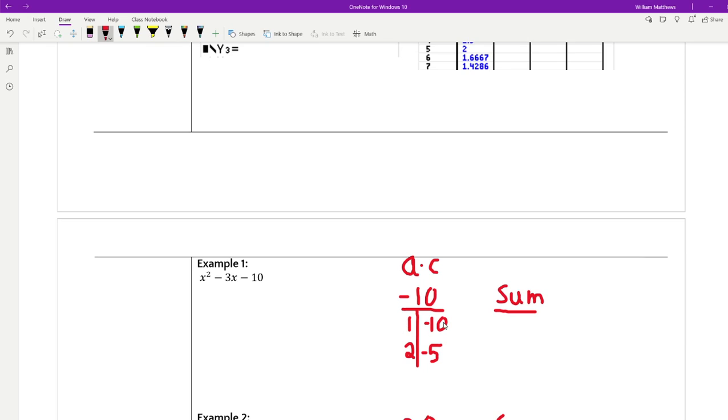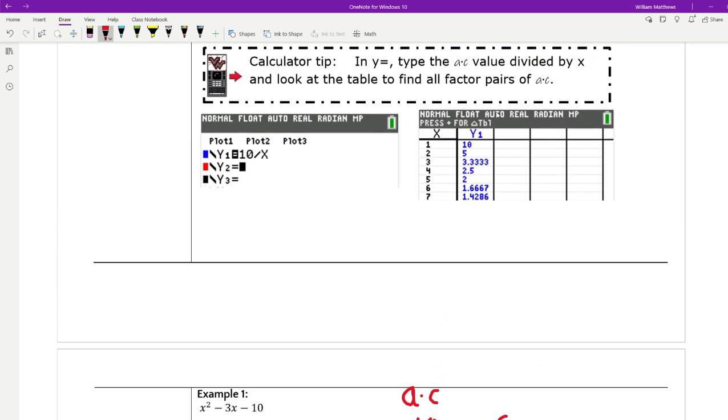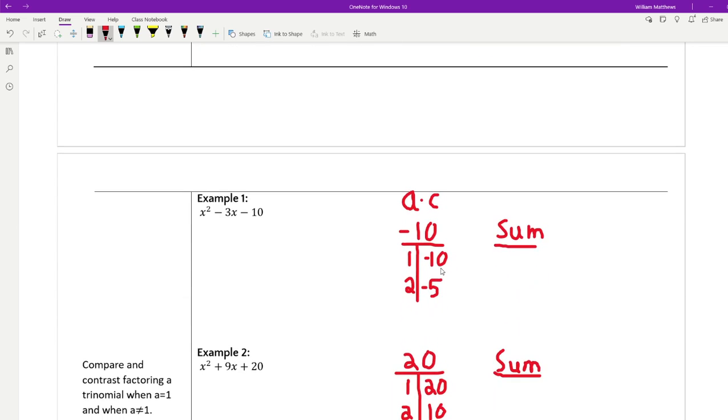Then we can find our factor pairs. You can use the calculator trick method. And then we add them together. In this case, 1 plus -10 is -9, and 2 plus -5 is -3.